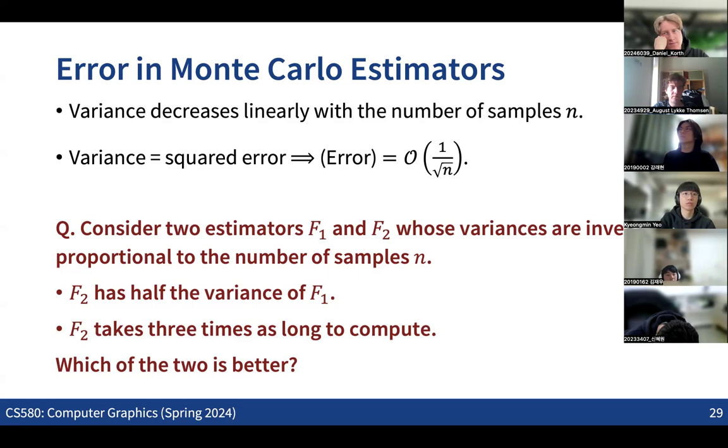So we can define some kind of efficiency of the estimator by taking care of not only the variance but also the computation time, right? Which one is better and why?